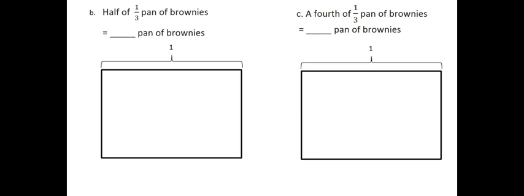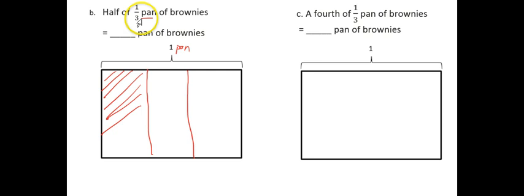This question's asking for half of 1/3 pan of brownies. That means I'm going to start with 1/3 pan. The 1 whole is showing me the whole pan of brownies. So I'm going to divide that into thirds and shade 1/3. So there's my 1/3.